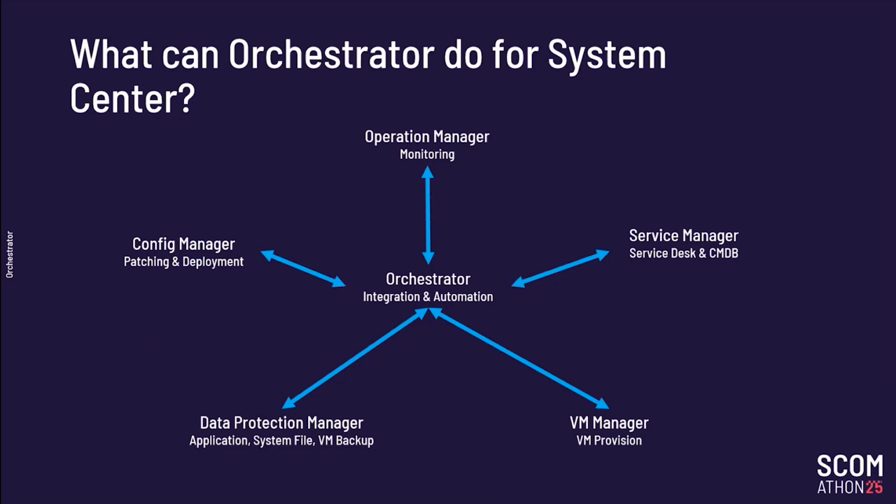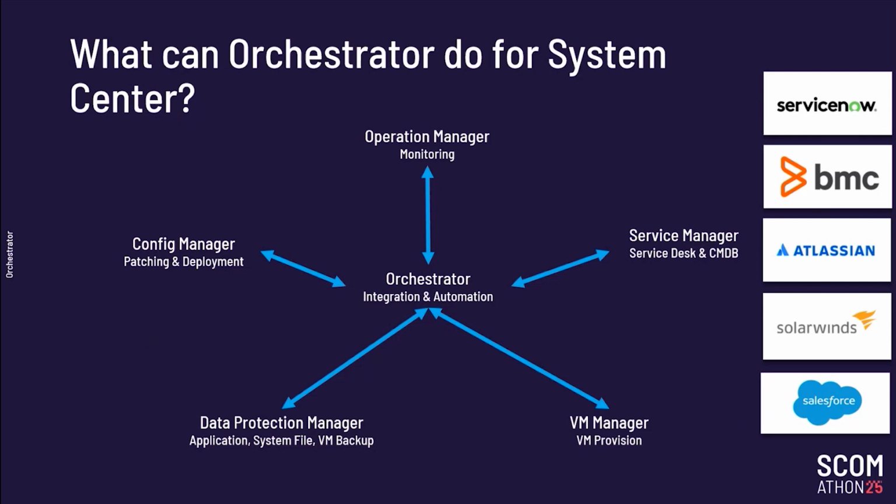So as Marcus has mentioned, there's an integration directly into Service Manager for a bi-directional connection and configuration, but we can use Orchestrator to extend that out to other service desks. So we can actually allow Operations Manager alerts to be picked up, triggered and forwarded into other service desks.